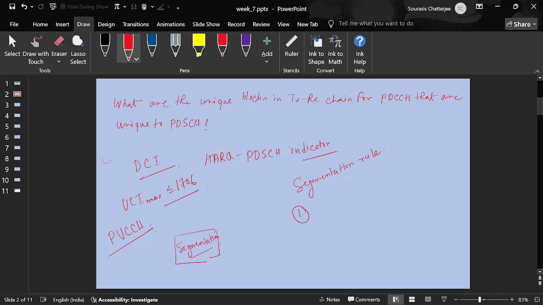Okay, let's say I'm writing one scenario when the UCI length A is like this. What are we going to do in this scenario? Are we going to segment it or not?